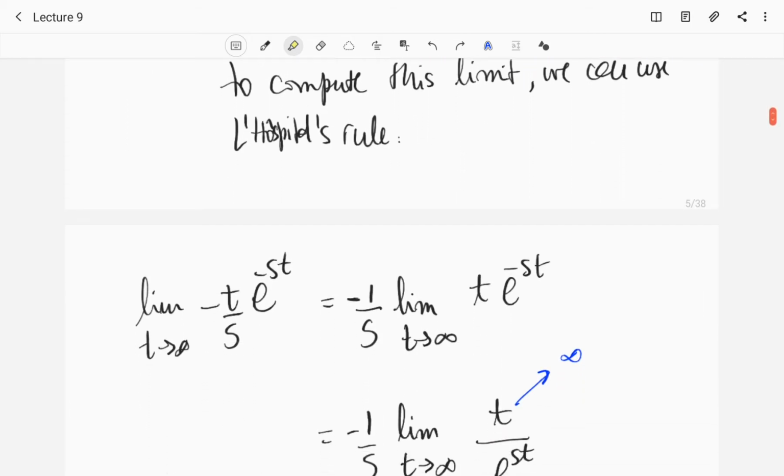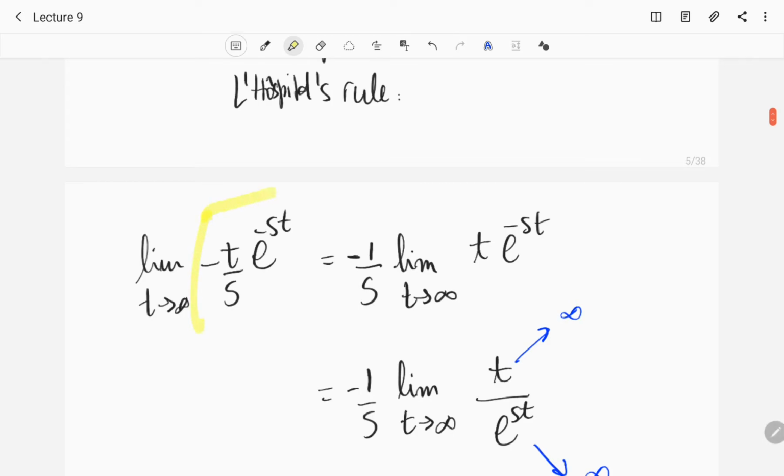So let's write the limit, which is here. This parameter 1 minus 1 over s is just a number in this limit, so we can put it out of the limit, and then this is what we need to compute.